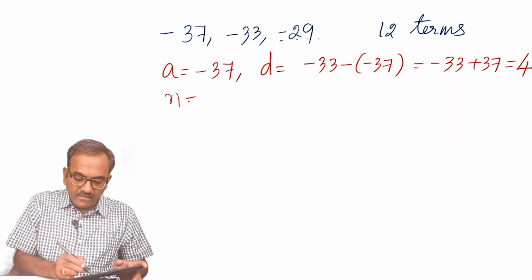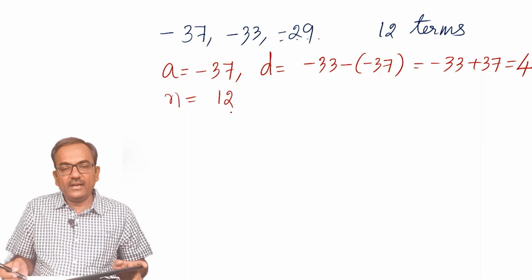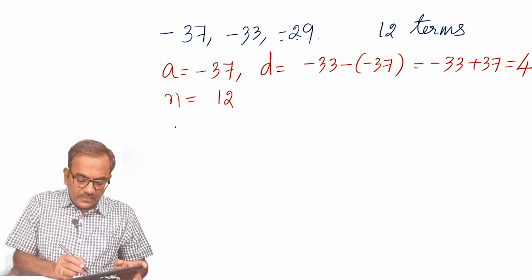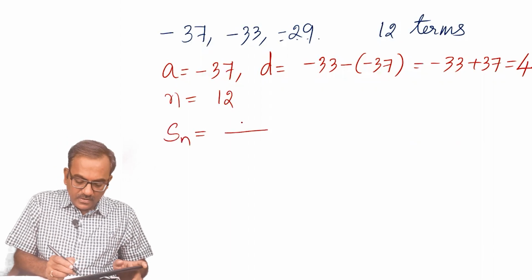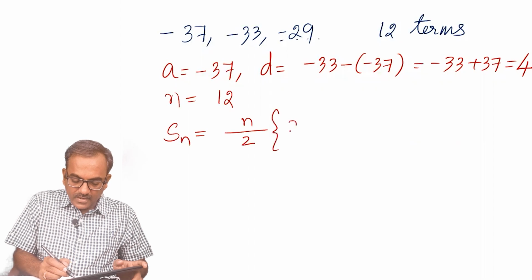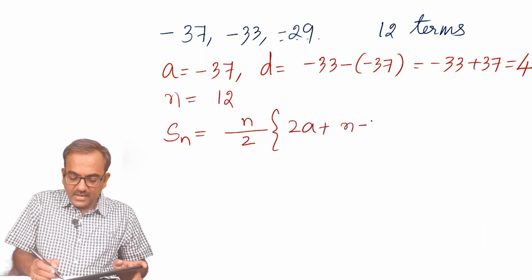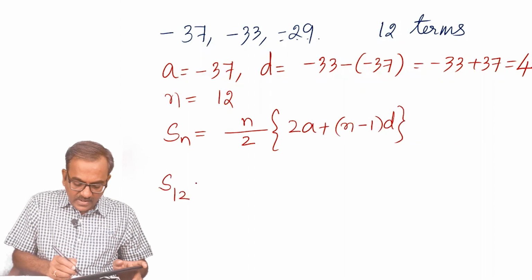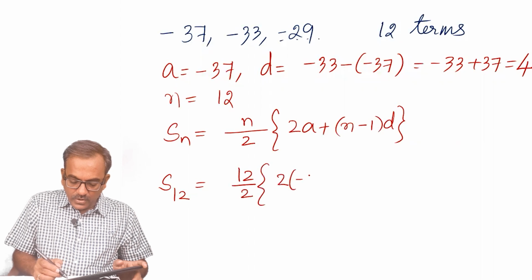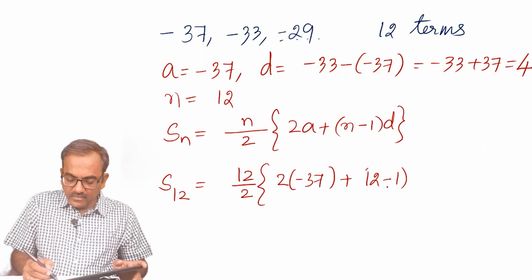And then we have the value of n as 12. So Sn is equal to n by 2 times 2a plus n minus 1 times d. We want S12. S12 is equal to 12 by 2 times 2 into minus 37 plus 12 minus 1 into 4.